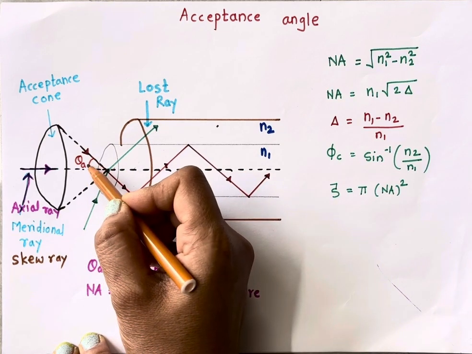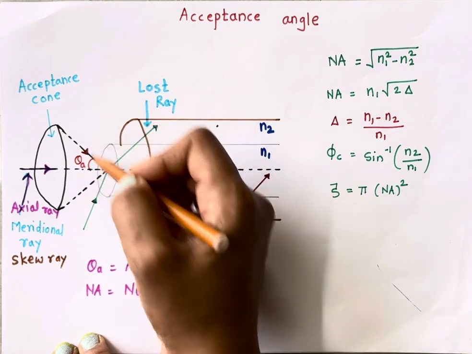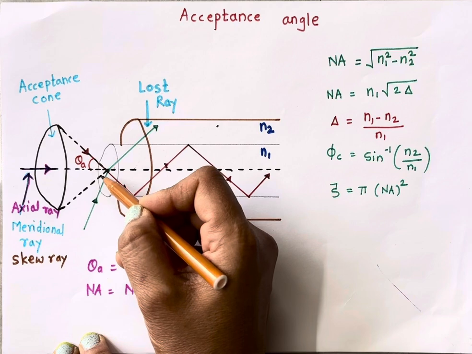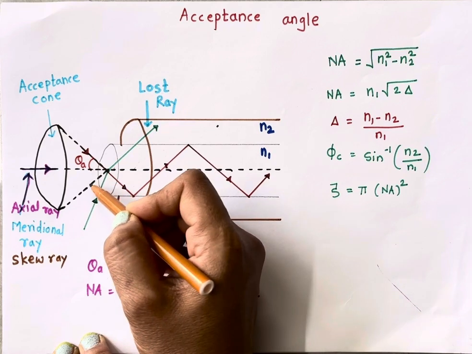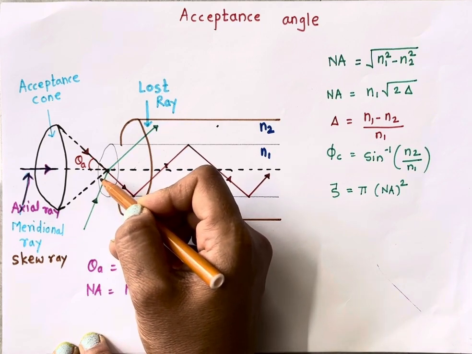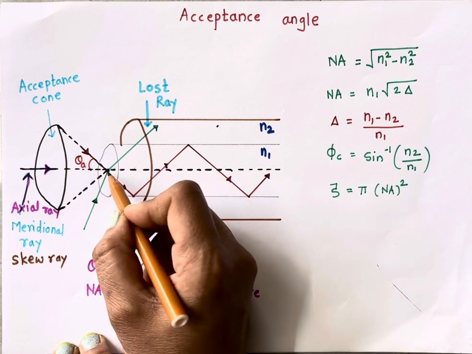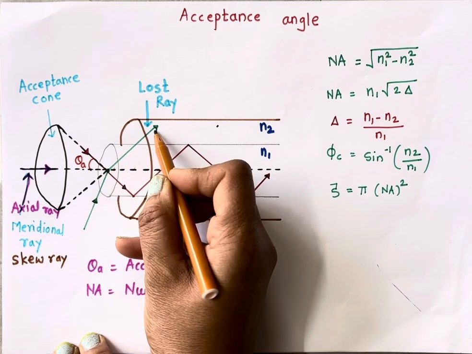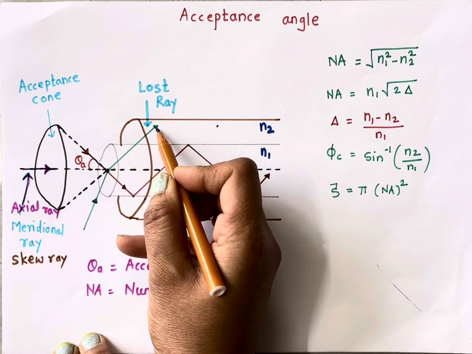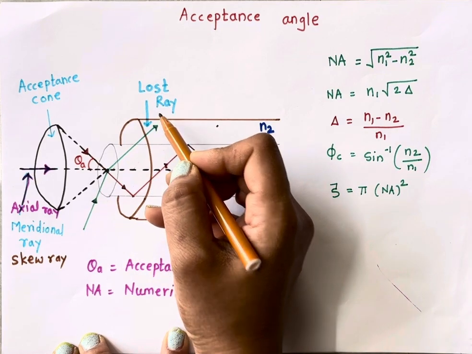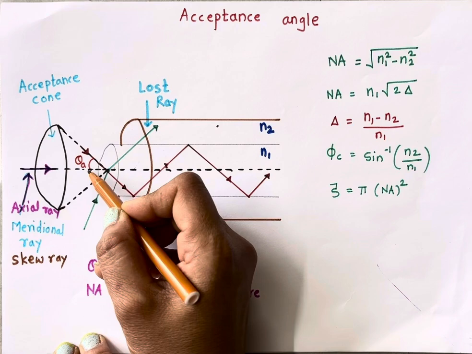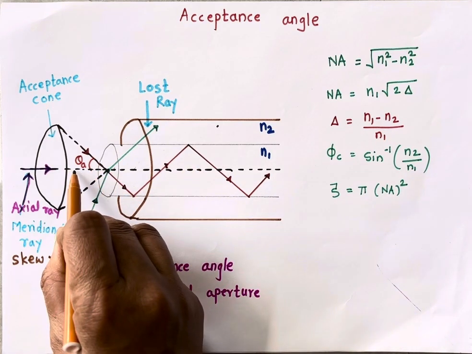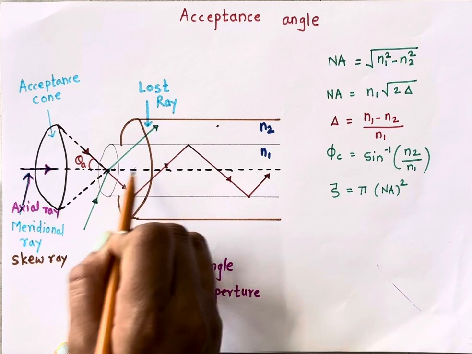So if my light ray will fall outside of this cone, if my light ray will make angle more than that of this acceptance angle, then instead of total internal reflection, light ray will enter into cladding material, and this is called as lost ray. So angle of acceptance is the maximum angle made by light ray with axis of the fiber.